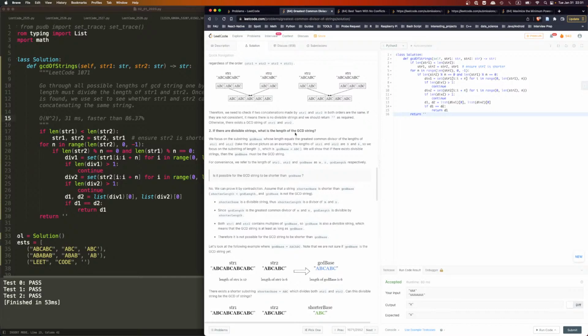I don't know. What I would say is you have proved that there must exist a GCD string, right? Otherwise, you cannot go in two directions to make it equal. And if you prove that, then you know that it must exist a length of GCD string in it, right? And the question is, how much?